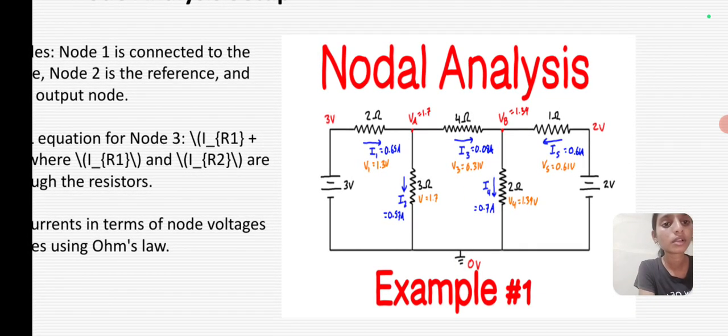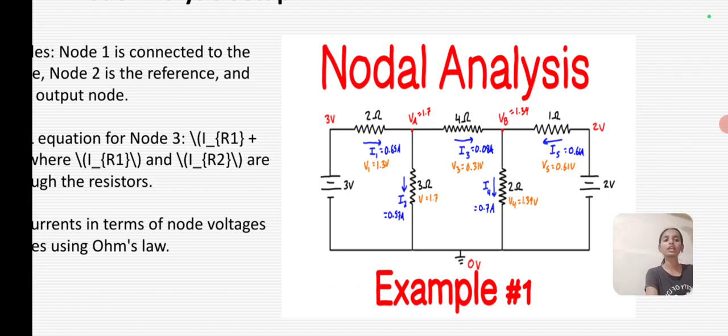Here, 3 volts minus 2 current of I1 minus of 3 into I1 minus I2.